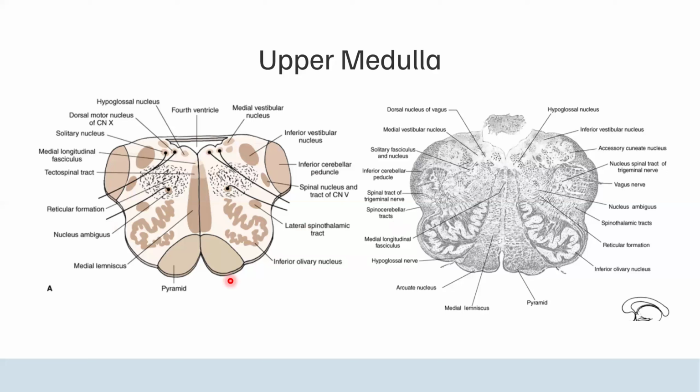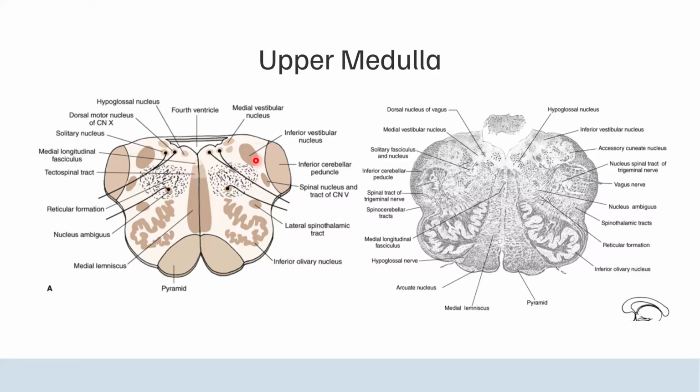Also, anteriorly, we have the pyramids. So those are very indicative of the fact that we are within the medulla. Now, we have said that we've already had the decussation of the sensory pathways. So because of that, we will have this medial longitudinal fasciculus, okay? And we're going to have this medial lemniscus as well, okay?